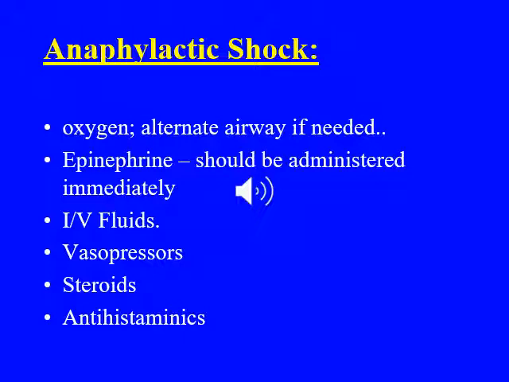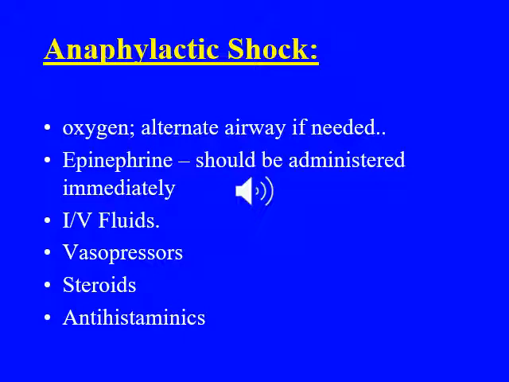Regarding the circulation, we have to insert wide-bore peripheral IV lines, and we have to give at least 1 to 2 liters of crystalloids, but the most important is that we have to give epinephrine immediately once the diagnosis of anaphylactic shock is confirmed.